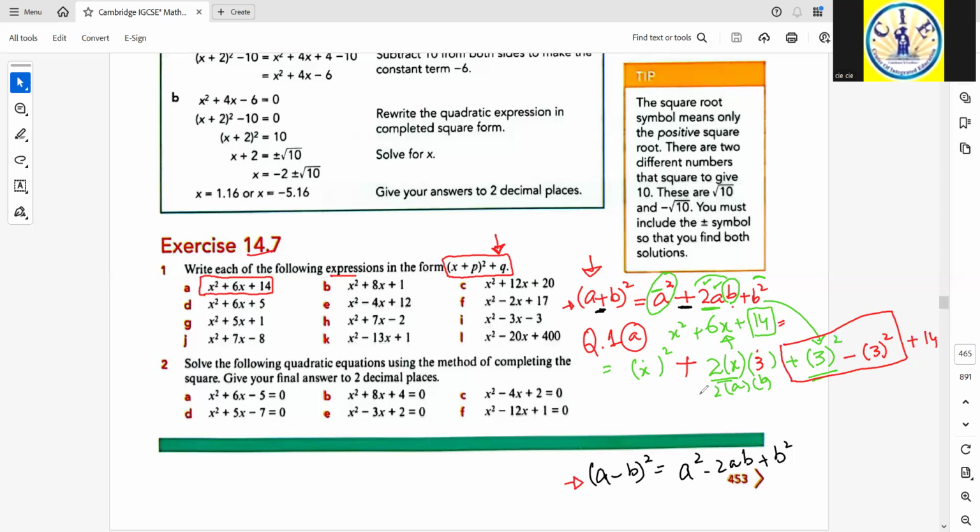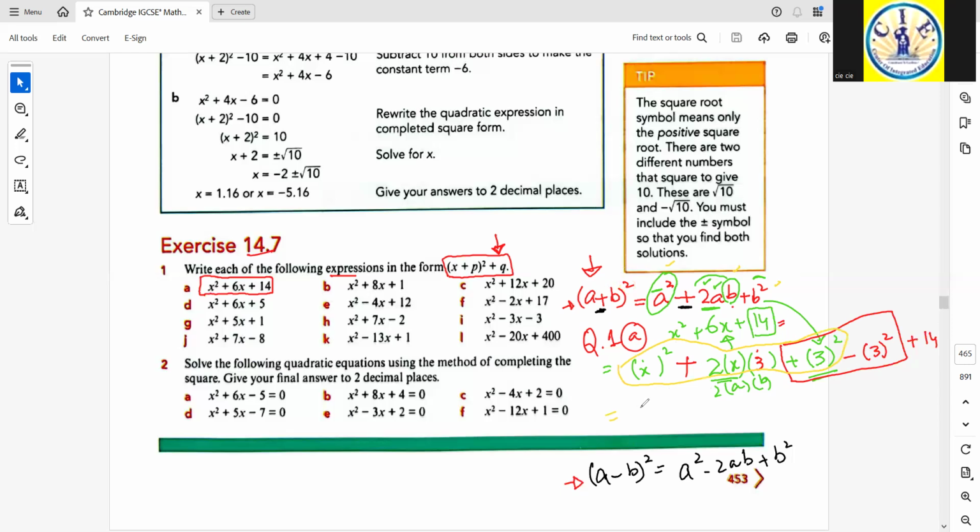So now if we combine x squared plus 2 times x times 3 plus 3 squared, these three terms, according to this identity, are equal to the square of a plus b.